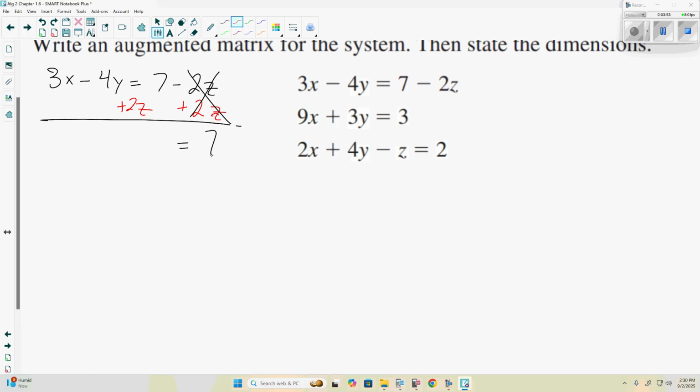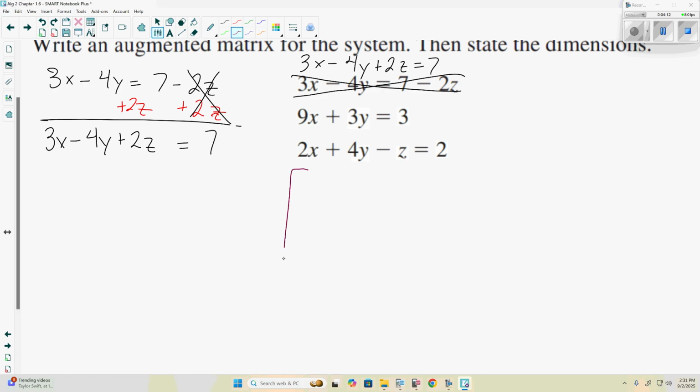On the left-hand side, we have 3x minus 4y plus 2z. So written in the correct form would be 3x minus 4y plus 2z equals 7.